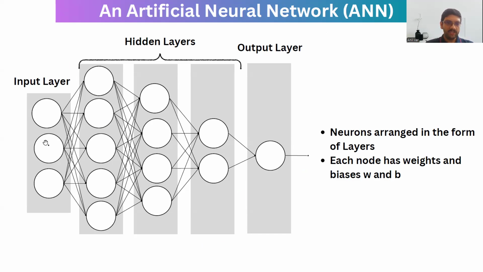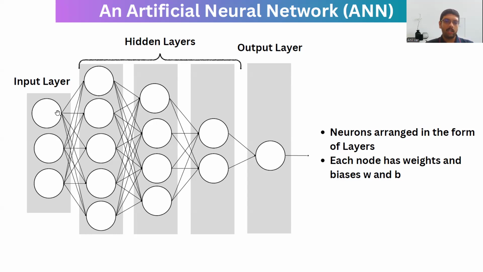Now, it's organized into layers, where each layer has an ordered set of neurons and nodes. And how it works is the output from one layer goes into the next layer. And then the output from that goes into the next layer, and so on.